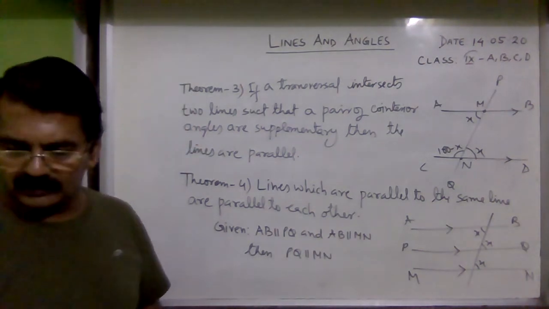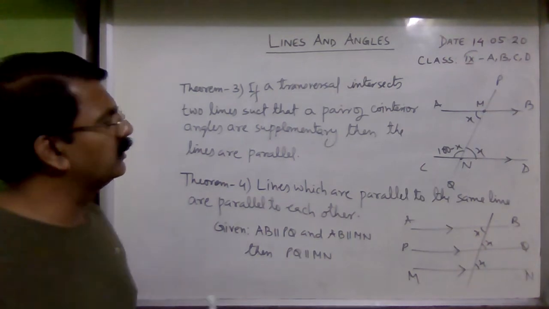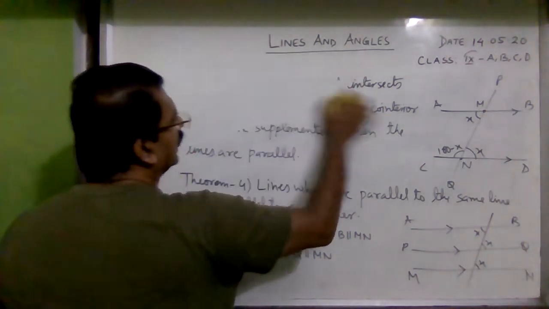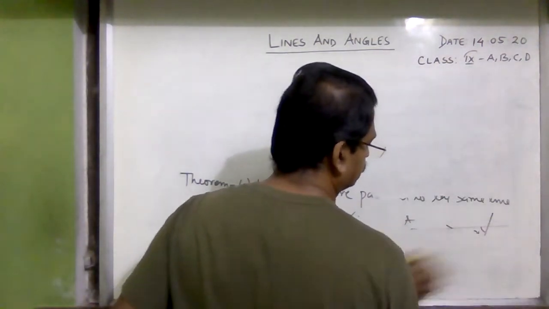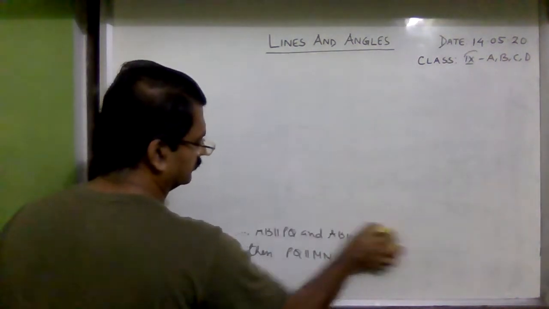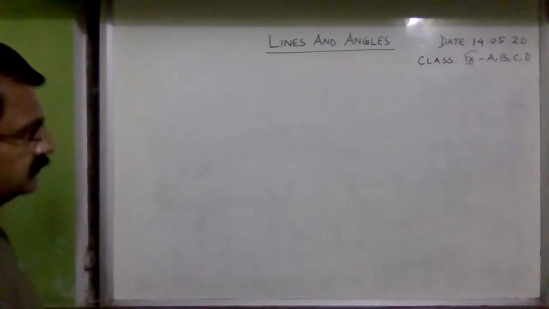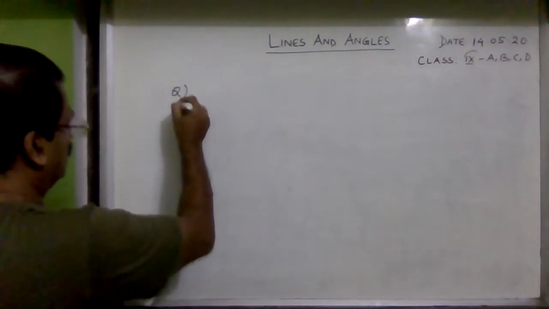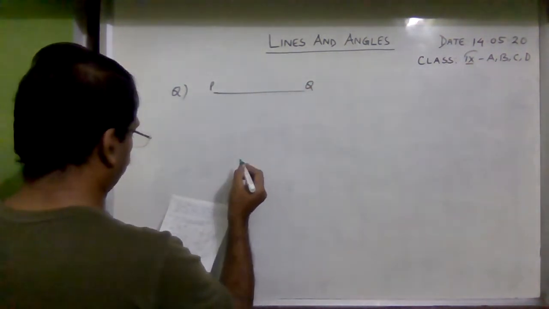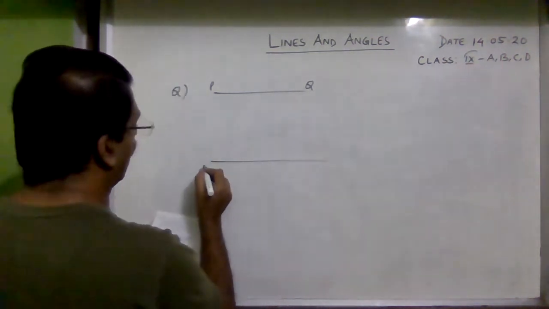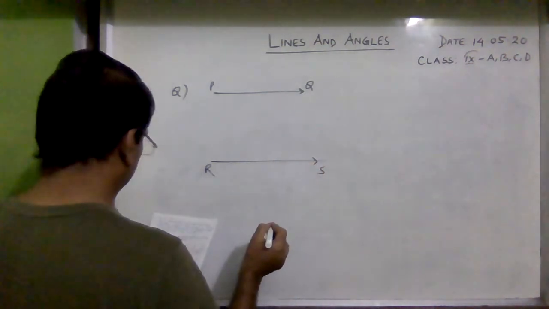Okay, so these are a few theorems, and now we will do a few examples based on these theorems and properties. The first example: PQ and RS are two lines and it is given that they are parallel.